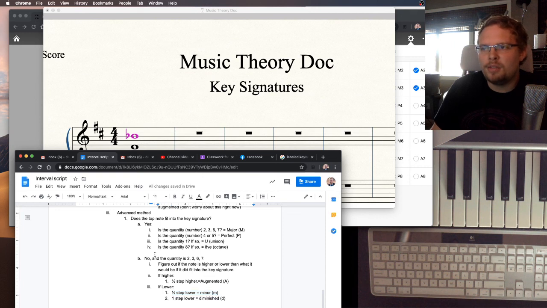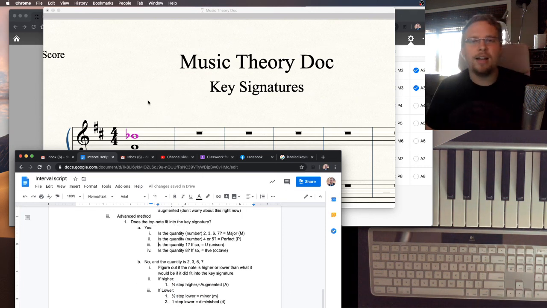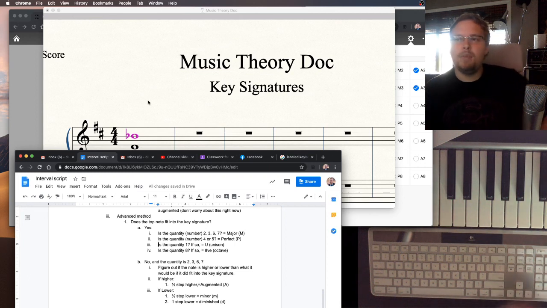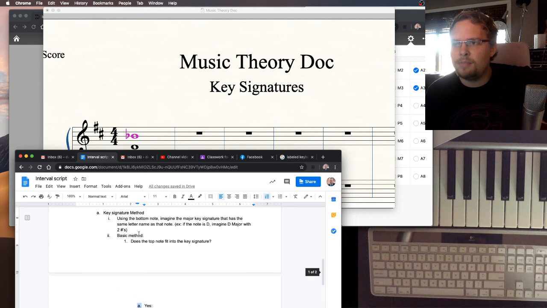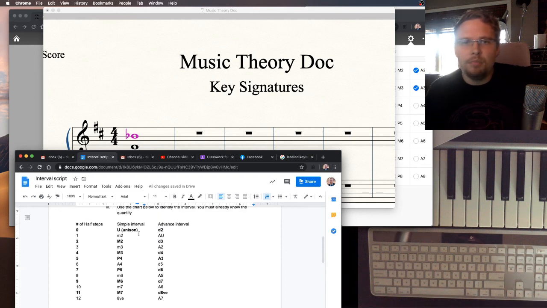All right, so that's a little bit about how I figure out those things on the fly. I actually cannot tell you off the top of my head how many half steps are in an augmented sixth or an augmented seventh or even a perfect fifth. I don't really know that off the top of my head because that's not actually the way I learned. What I discovered as I was teaching was that this chart was a lot easier to memorize and remember, especially for a beginner.